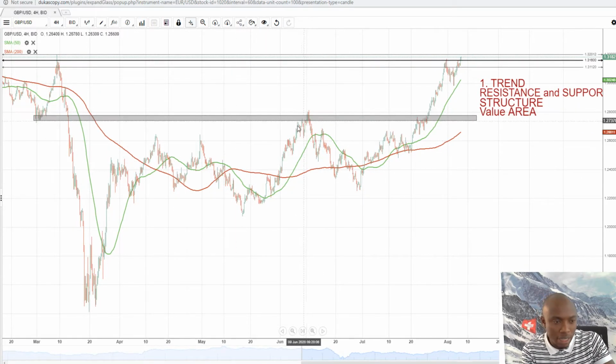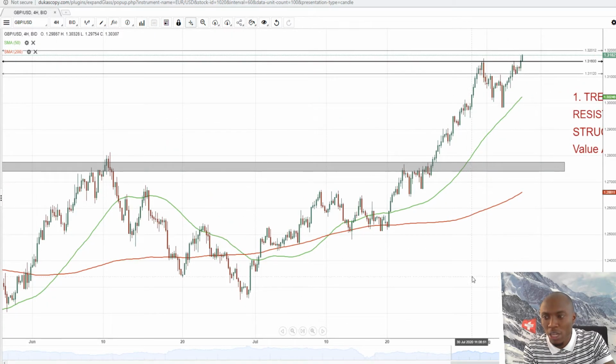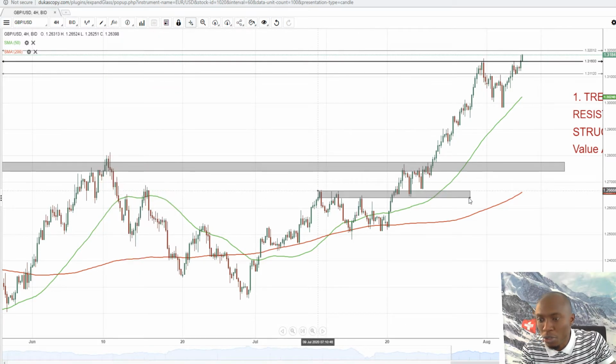It had as a resistance. So what will you be looking at right now? You'll be looking at, okay, if you want to know the value area, the price is coming. It broke this previous highs and we retested it. That is this zone. It broke this previous highs and came to retest, and it breaks this region.